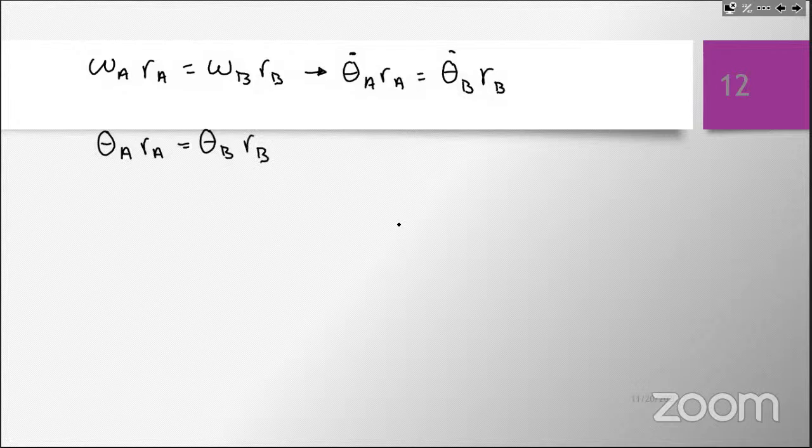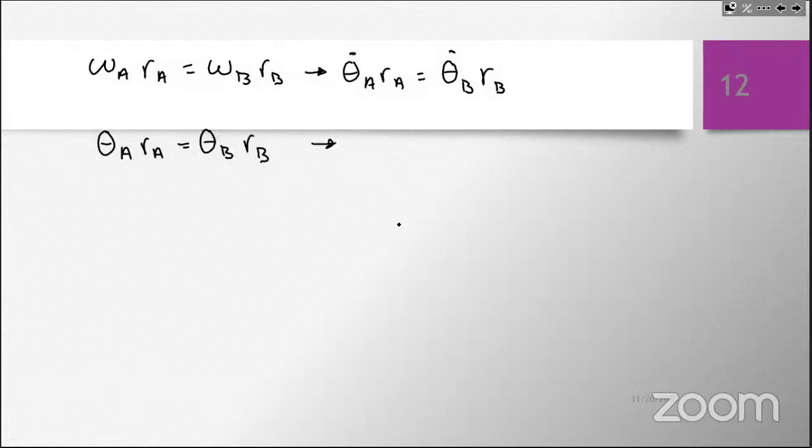If we're going to do this for real, there's some constant associated with this. But remember, our initial conditions are 0, so that goes away, because theta of A is 0 and theta of B is 0 initially. Those terms cancel and we're good.